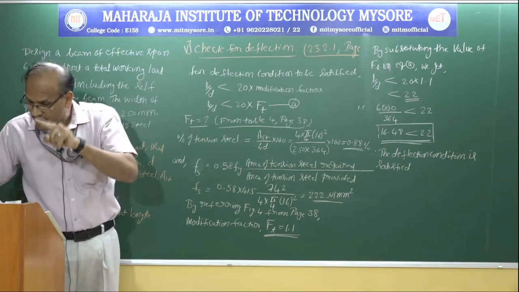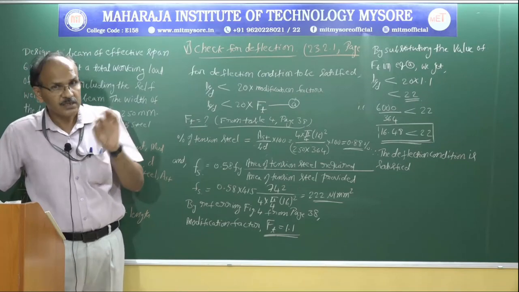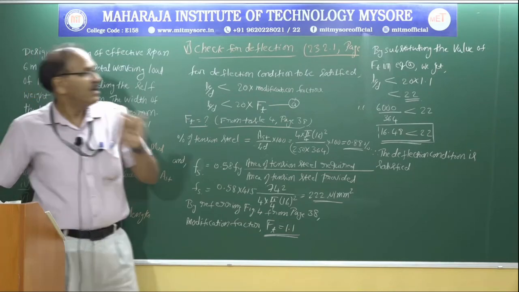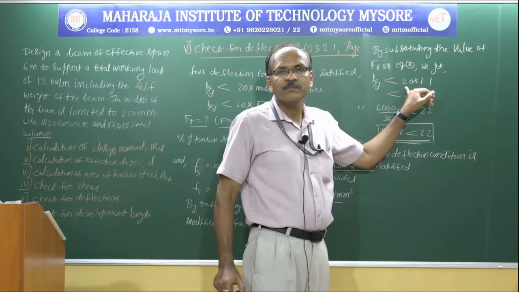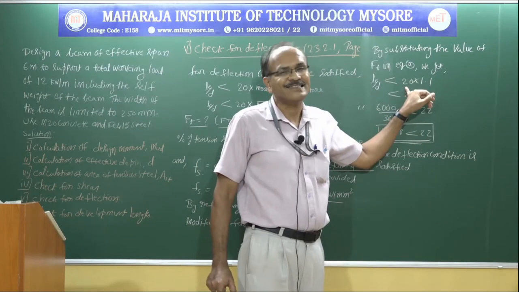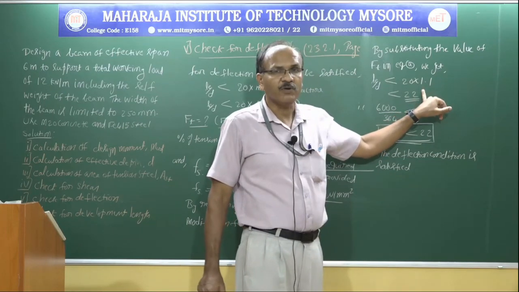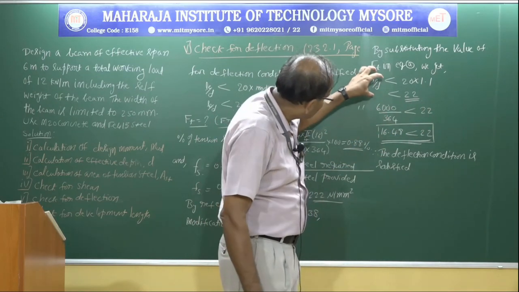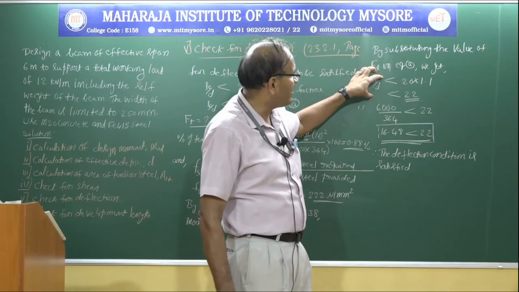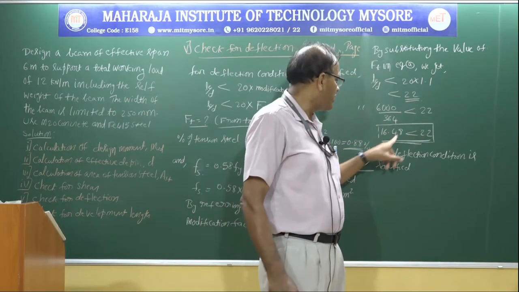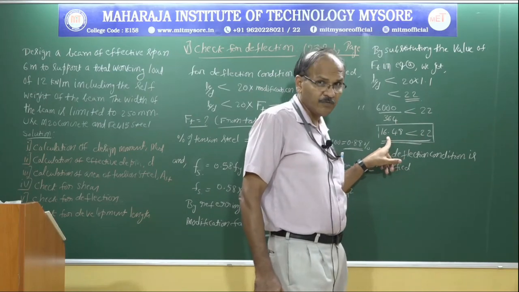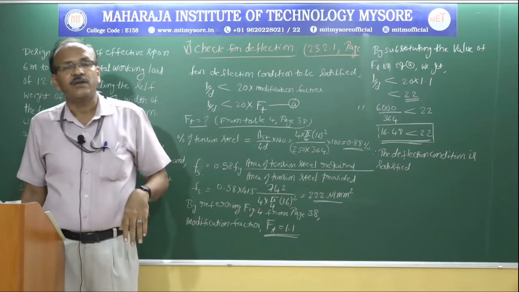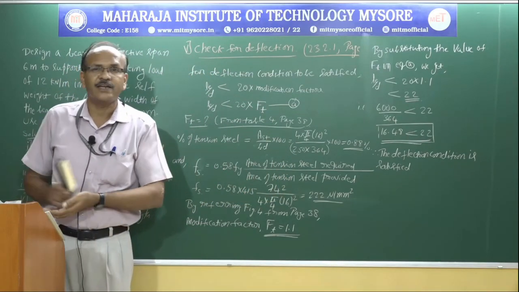For us, case C is applicable. That is, we have to give the modification factor for this value based on the percentage of steel. So we got that modification value 1.1, so we got this 22. As per the code, LE by D should be less than 22. What is the value of LE by D? 16.48. It is less than 22. So hence the deflection condition is satisfied.